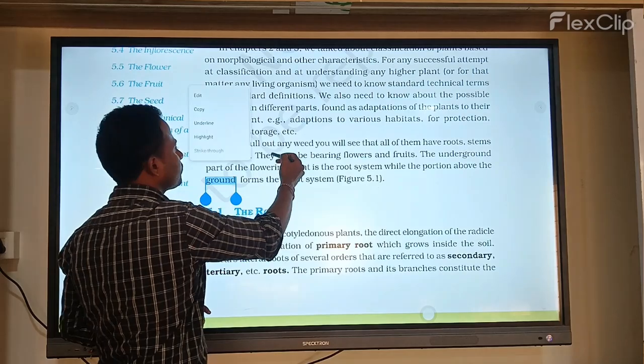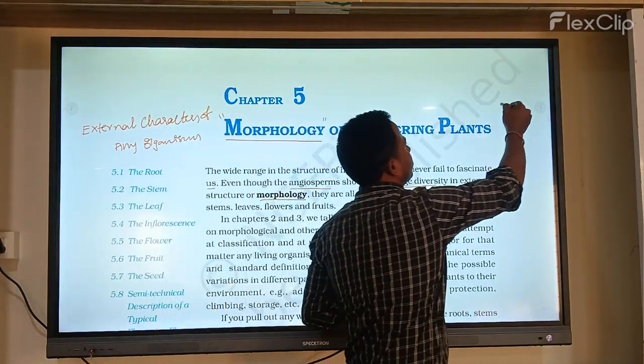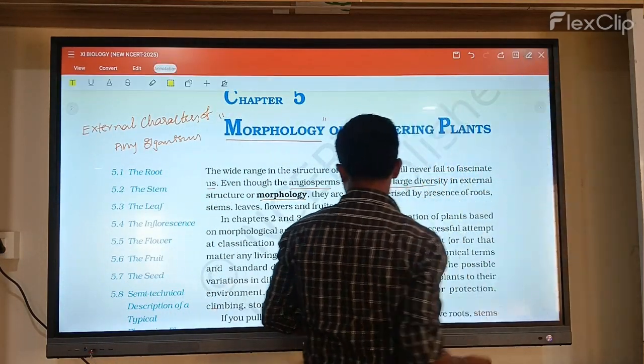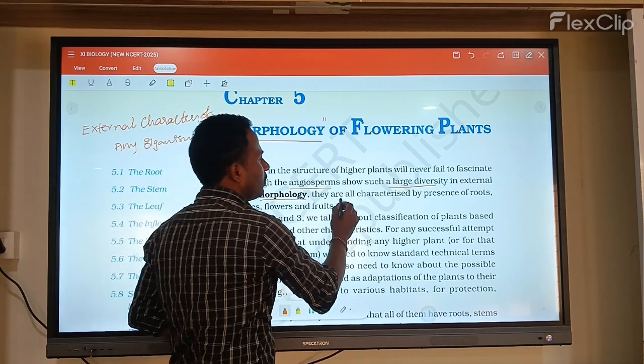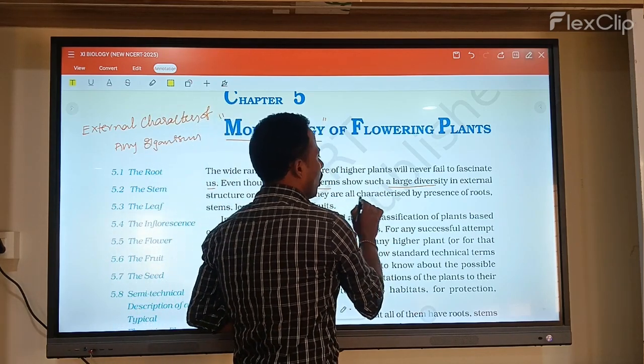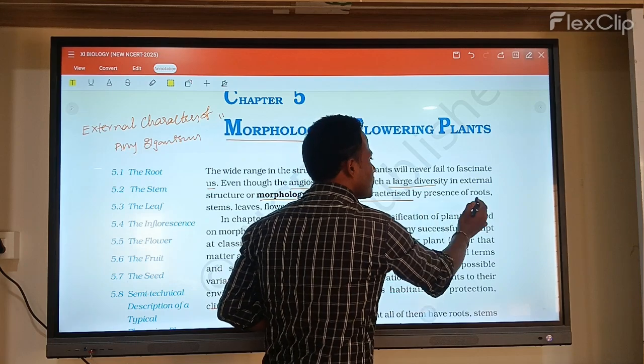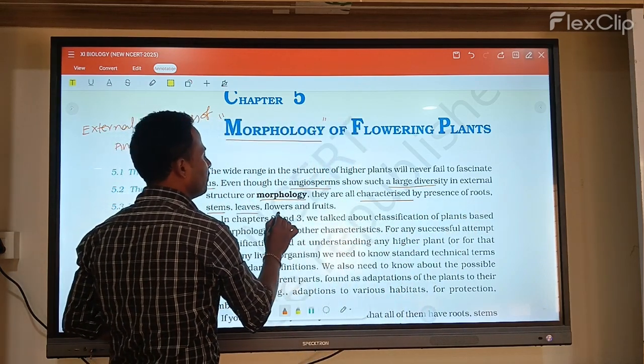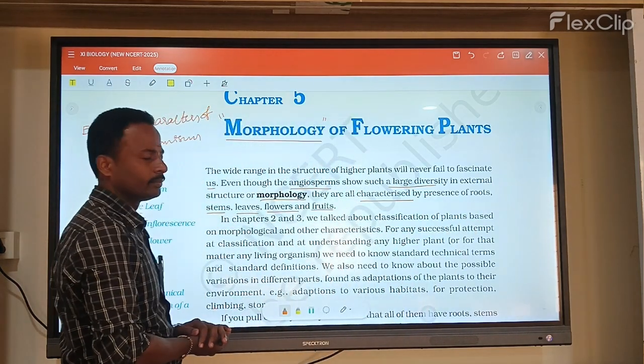They are all characterized by the presence of roots, stem, leaf, flowers, fruits.